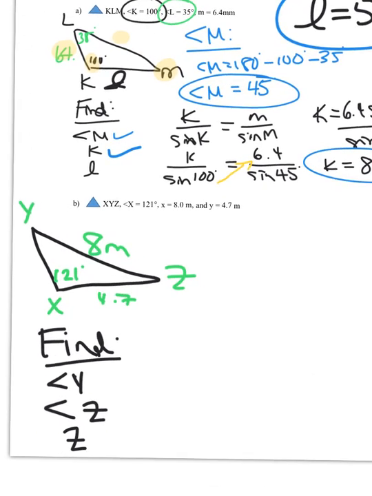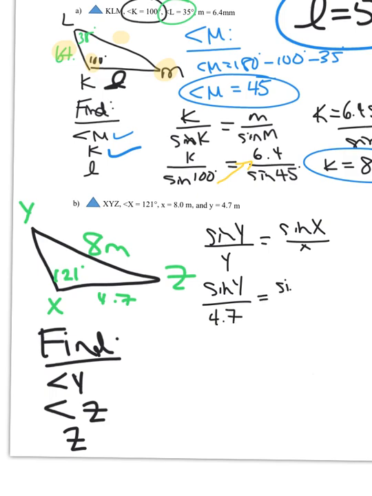Angle y. We're going to use our sine law, so sine y over little y, and we have our pair of x's, so we have sine x over little x. When I plug in what I know, my little y is 4.7, sine of angle x is 121, over little x, which is 8.